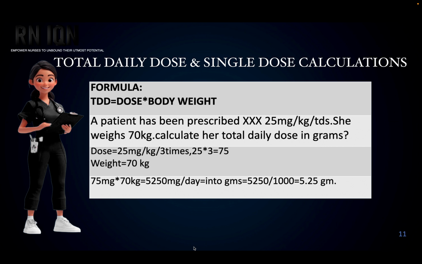So you have to convert that into gram. In order to convert small to big or big to small, just apply the formula. Here from small to big, that is divided by 1000, 5.25 gram you have to give to that patient. Clear so far?